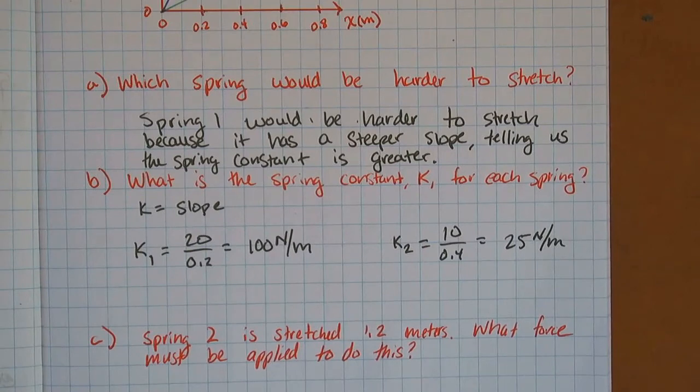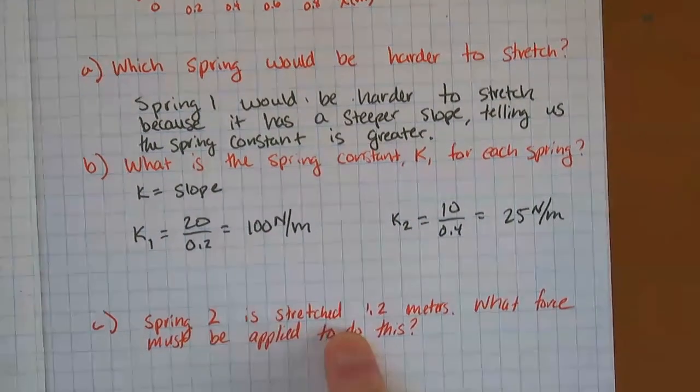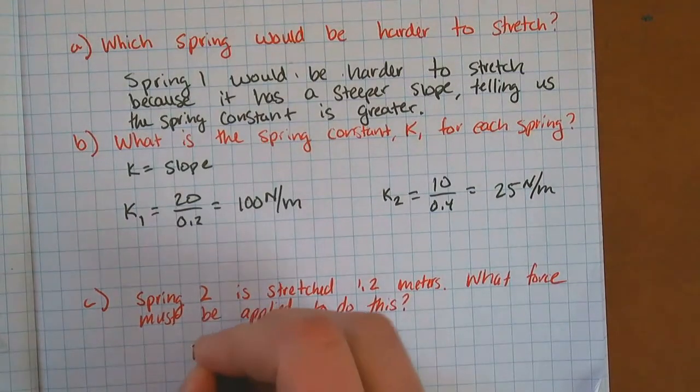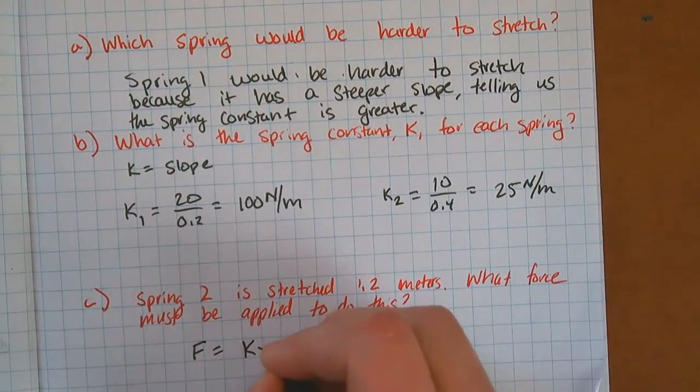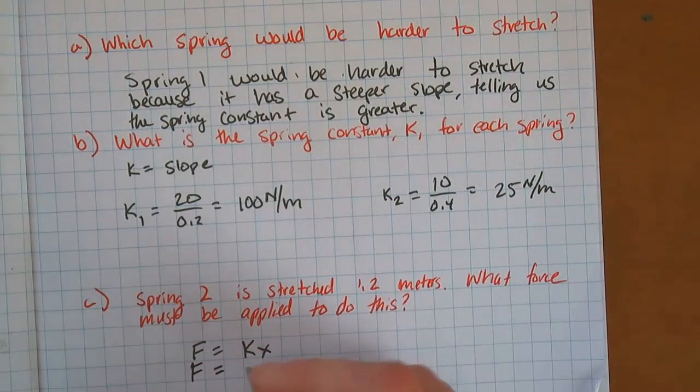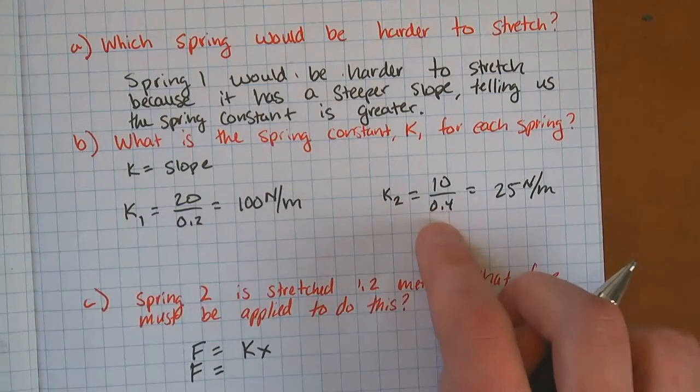Last question. Spring 2 is stretched 1.2 meters. What force must be applied to do this? We can take our F equals kx equation. We know it's spring 2, so that's this one over here.